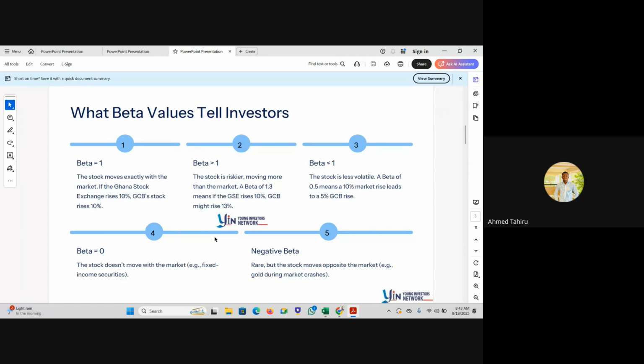Some of the companies listed on the Ghana Stock Exchange have their parent group abroad. Let's take MTN, for instance, they have MTN Group. So in a situation where MTN Group makes key decisions, can it affect the cost of equity or the beta for MTN Ghana?